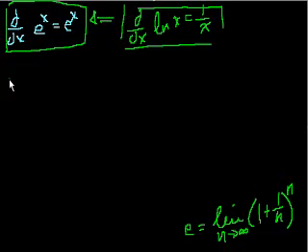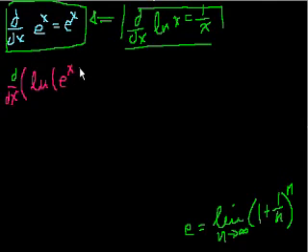So let's take the derivative. Let me keep switching colors to keep it interesting. Let's take the derivative of ln of e to the x. Well, this is almost trivial. The logarithm of a to the b is equal to b times the logarithm of a.